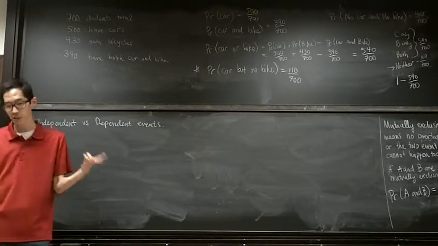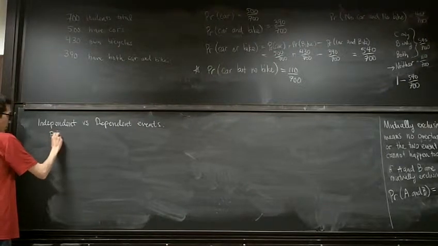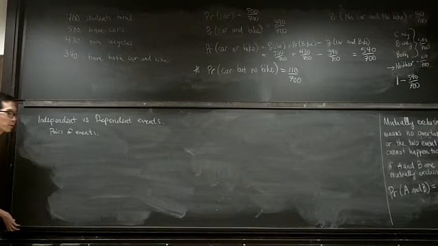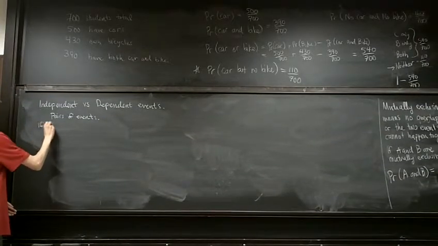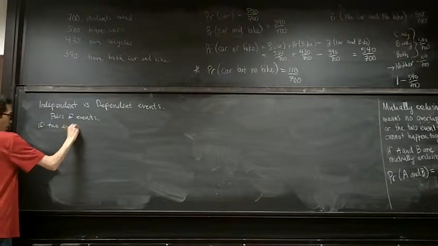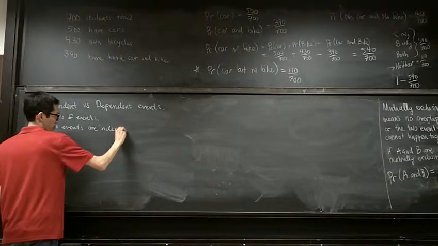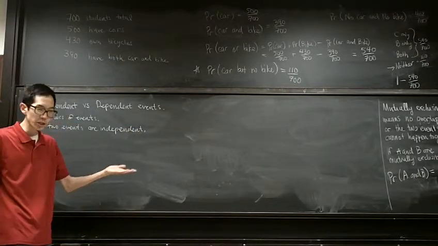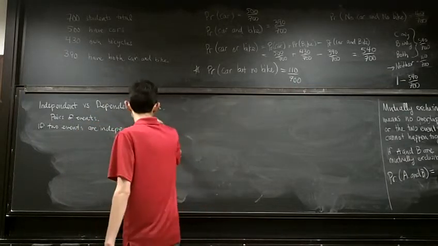Pairs of events are either independent or dependent, okay? If two events are independent, then the outcome of one has no impact on the outcome of the other.